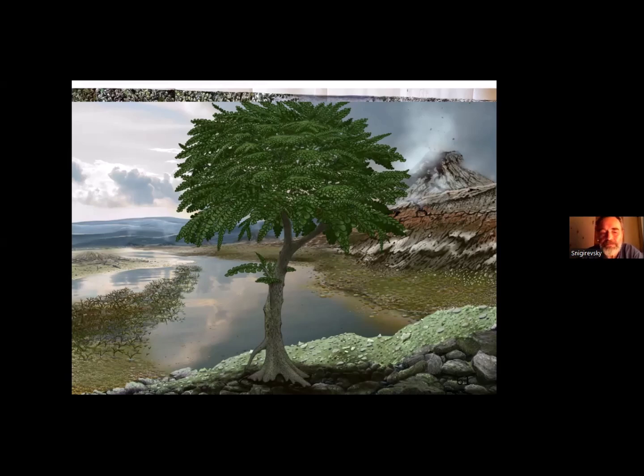So this is the first reconstruction of the Archaeopteris or Callixylon tree.